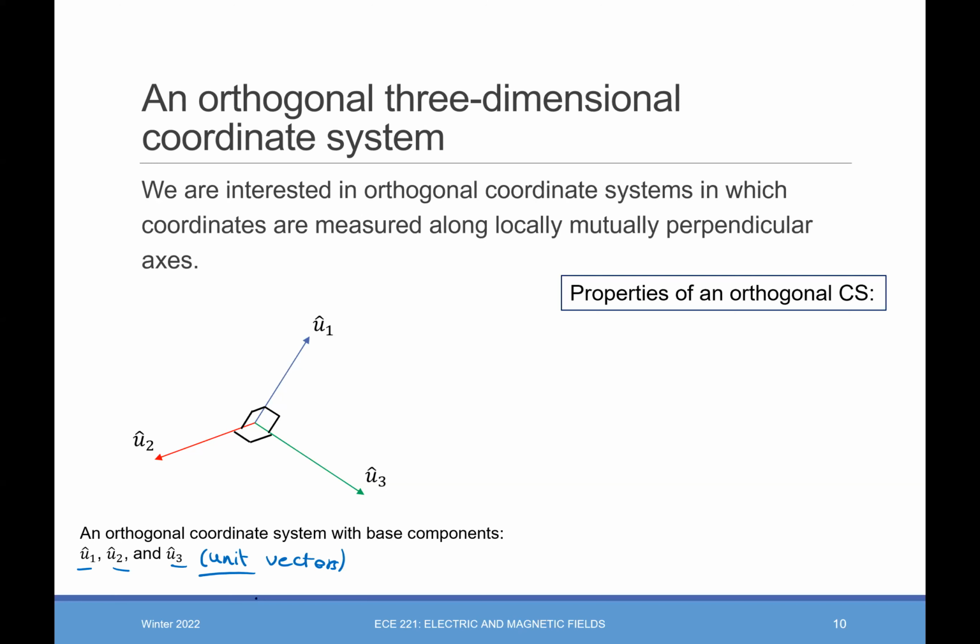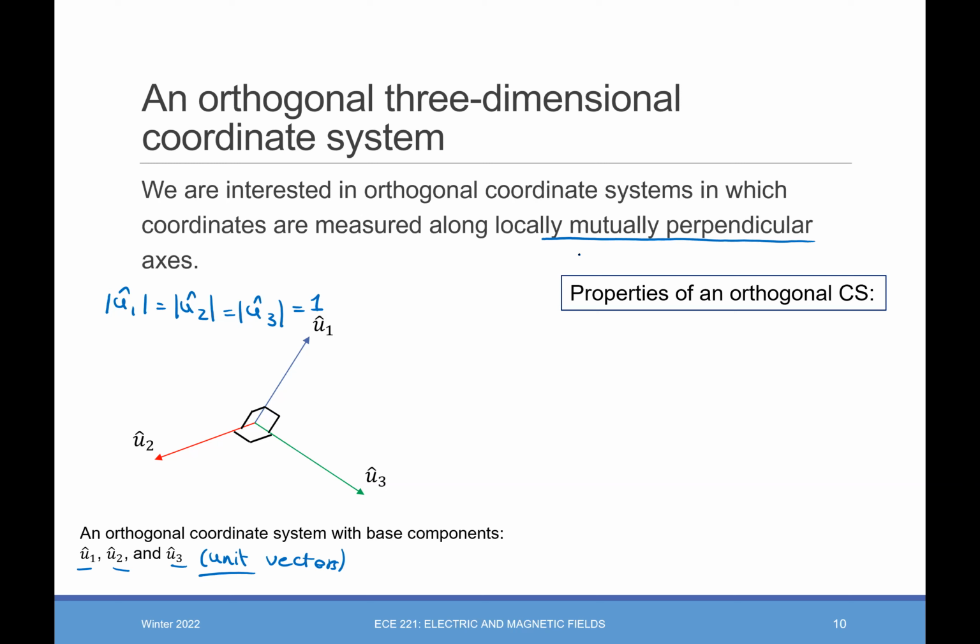So immediately when you hear an orthogonal coordinate system is composed of these unit vectors, what you can say is that amplitude of U1 hat is equal to amplitude of U2 hat and then U3 hat, and they all have magnitude of 1. Now, something that is very specific to orthogonal coordinate systems is that we said these unit vectors are mutually perpendicular.